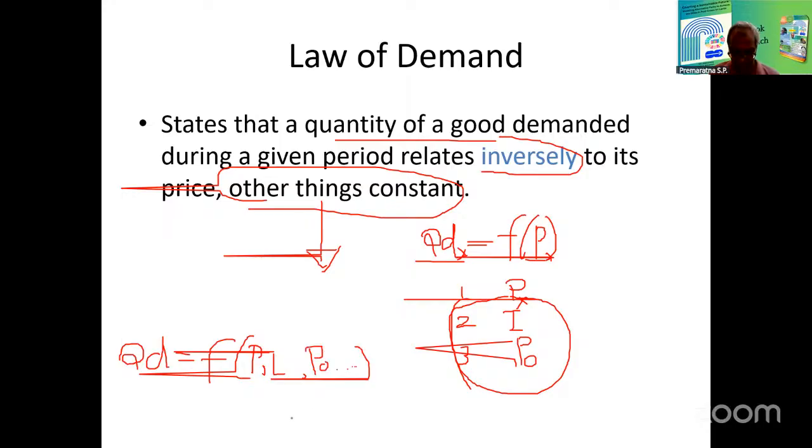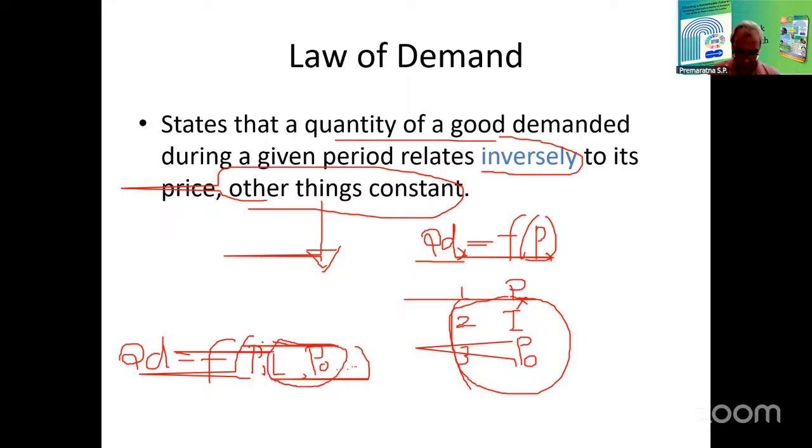Now practically, if you collect the data on all the relevant factors and estimate the demand function using an econometric model, you can predict your demand whenever the income changes or the price of other goods changes. Now, the law of demand, like I mentioned, assumes that other factors remain constant.